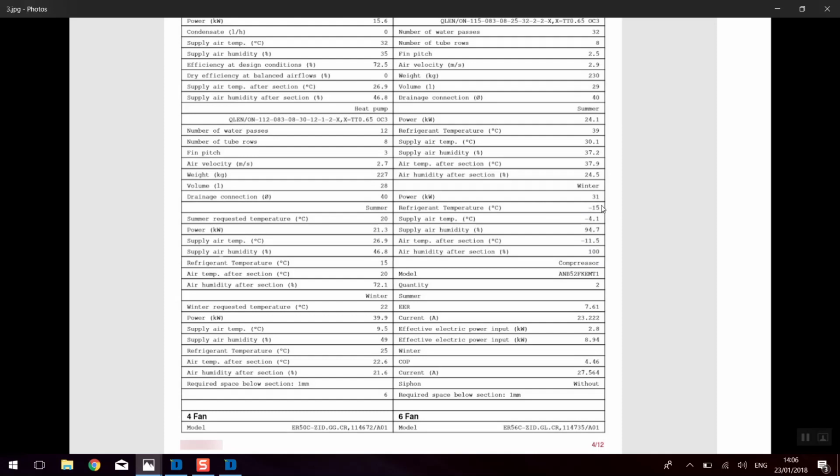We think this temperature should be much lower than that, and again it will affect the calculations for both the evaporator and the condenser in winter mode.